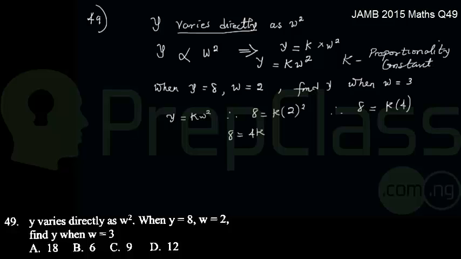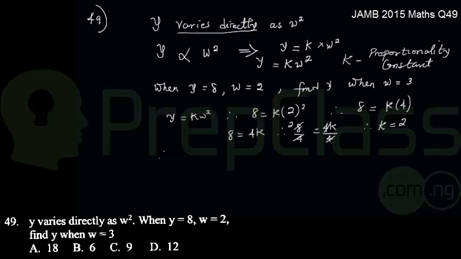Now the goal is to determine the value of k. So dividing through by 4, 8 over 4 equals 4k all over 4. Cancel down 4 in 8, that will give me 2. 4 cancels out 4, therefore k equals 2.